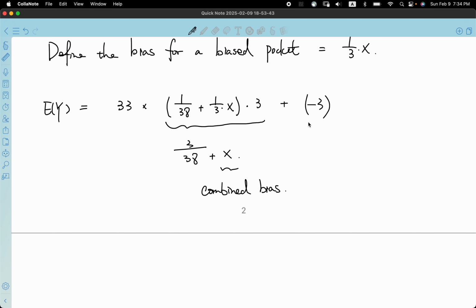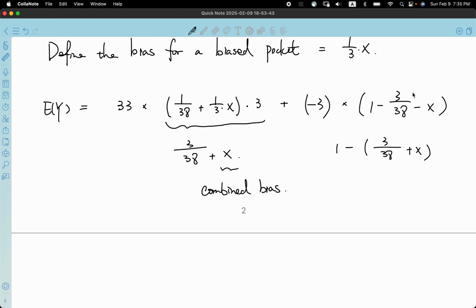Let's use a parenthesis to wrap it up. The probability for landing on the remaining number is just 1 minus 3/38 minus x. This part comes from 1 minus the probability here, so 1 minus (3/38 plus x), and then you distribute the minus sign.